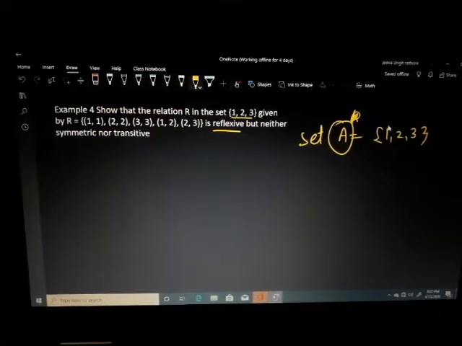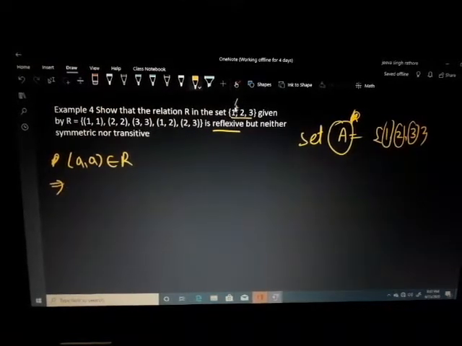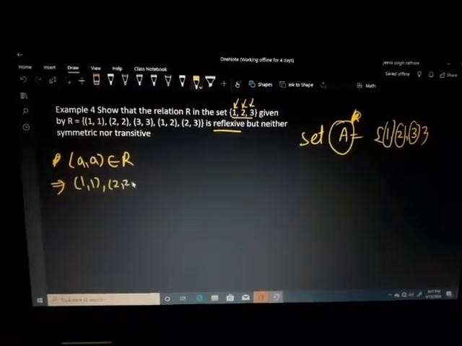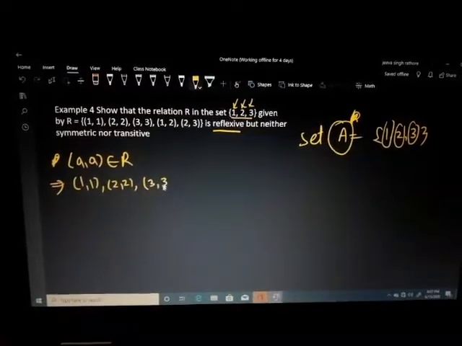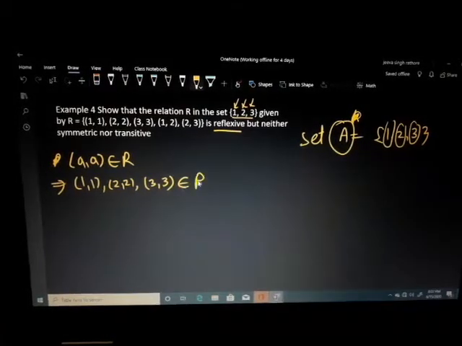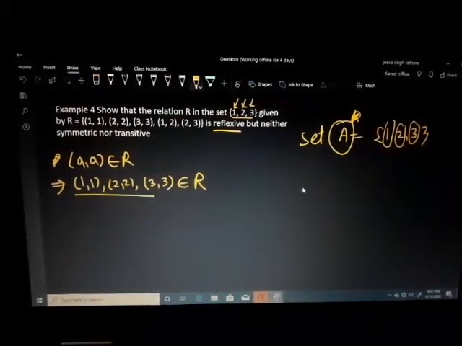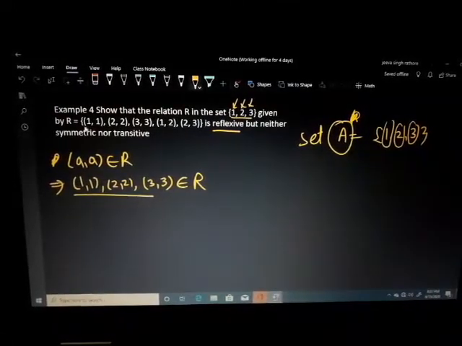Reflexive means all the elements in the set must be present as pairs: 1, 1, 2, 2 and 3, 3 must be present. Reflexive means A, A must belong to R. All the set's elements are 1, 2, 3, so 1, 1, 2, 2 and 3, 3 must belong to relation R. In the relation given here, 1, 1 is present, 2, 2 is present, and 3, 3 is present.